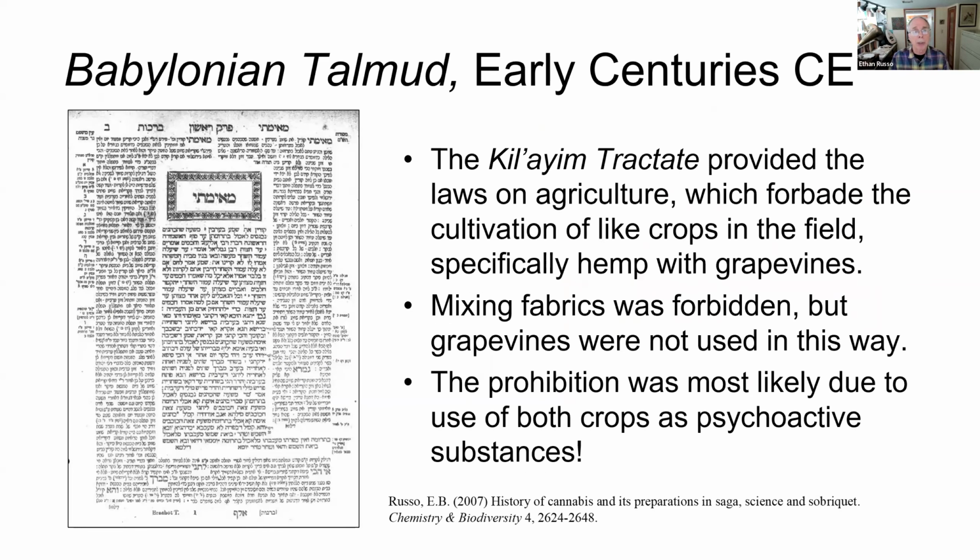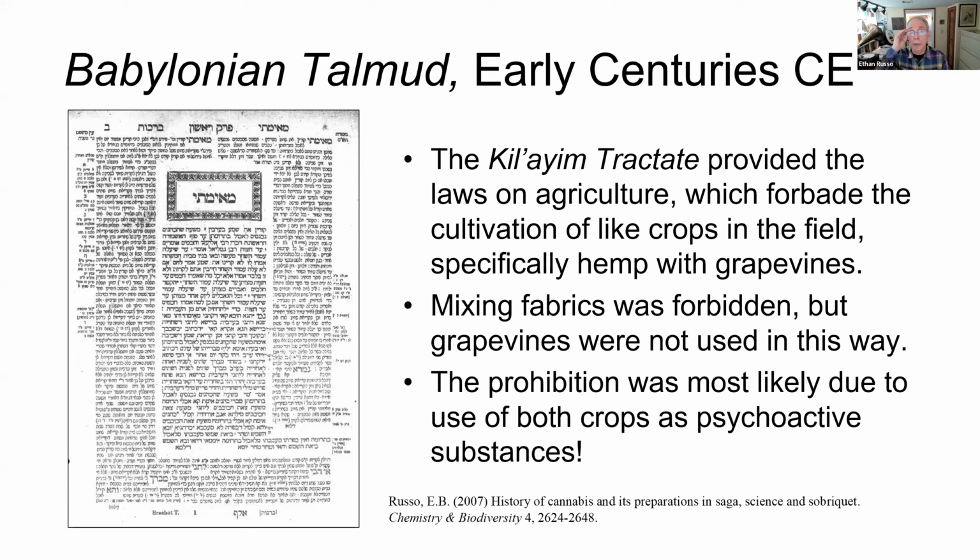Subsequently, in the Babylonian Talmud, again corresponding to modern Iraq, in the early centuries of the Common Era, the part of the Talmud called the Kalayim Tractate had laws on agriculture. One was that you shouldn't grow like crops together in the field.